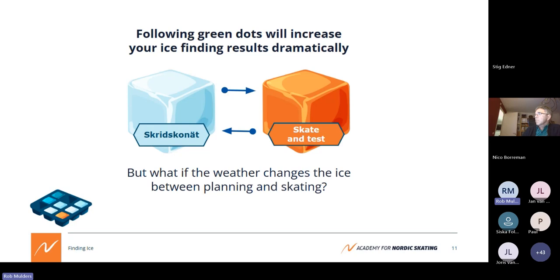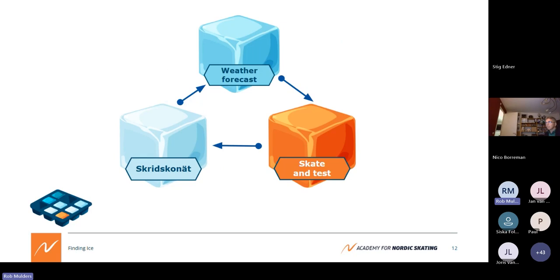Skridskonet is about what happened yesterday, at least the things I showed on the previous slide. But there might be changes in the ice for tomorrow. And that all depends on the weather. So the next one we add to the toolbox is the weather forecast.